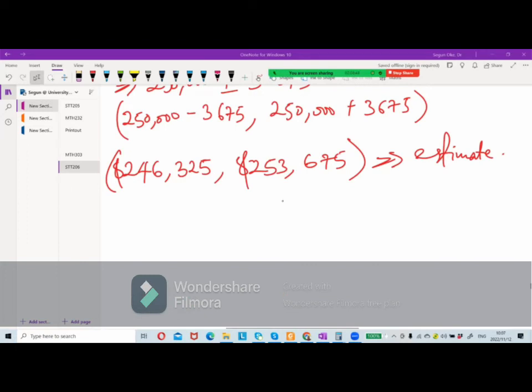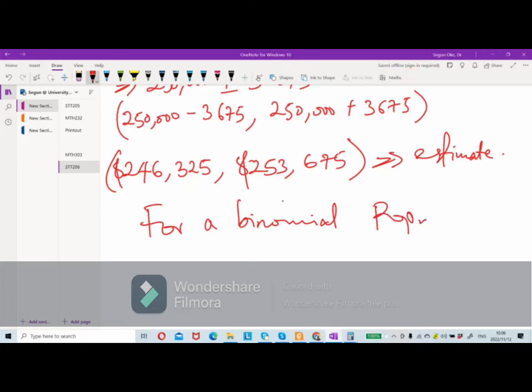But what about when we have a binomial population? As a point estimator, we are talking about proportion now.